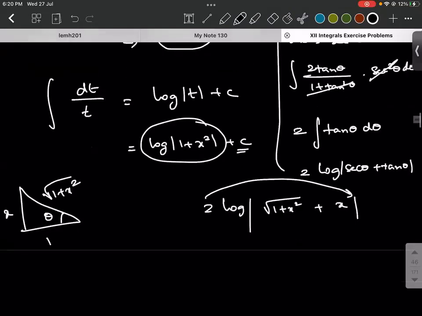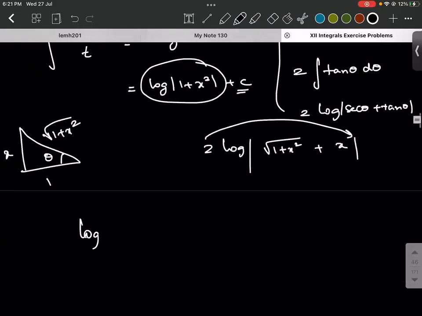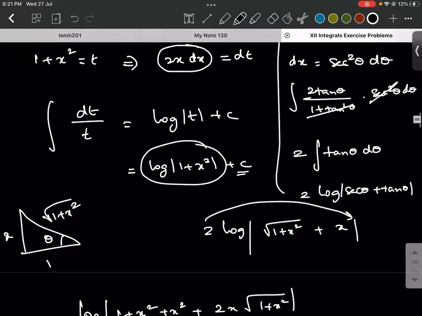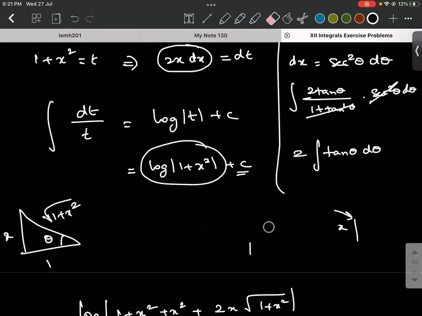Which one? So log of, you will have 1 plus x square. Oh, sorry. The integral of tan theta is log of secant theta, so 2 log secant theta.